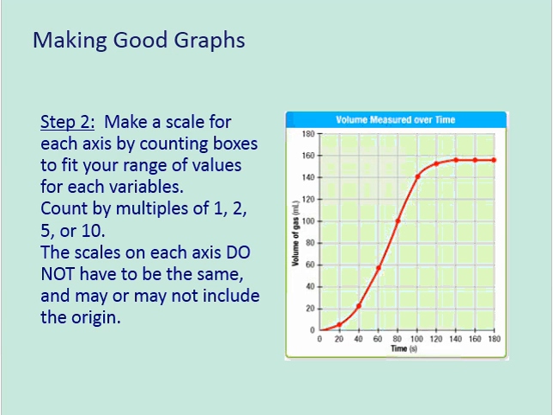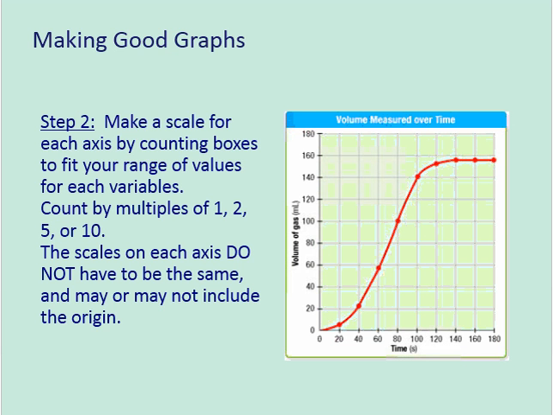Point you have to remember is the scales do not have to be the same on the axes. So as a result, you can scale differently, meaning, for example, the time in this one could have been every block was 10 seconds, but every block of volume was 20 milliliters. The scale doesn't have to be the same. You just have to be consistent on each axis.